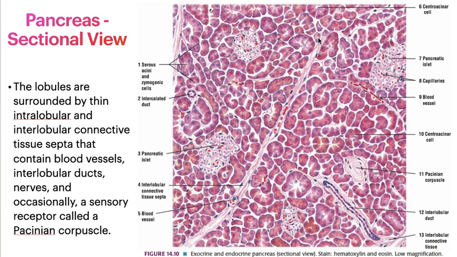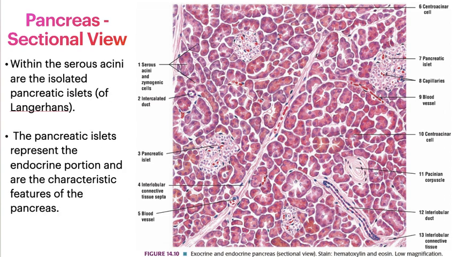The lobules are surrounded by a thin interlobular septum, a connective tissue septum that contains the blood vessels, the interlobular duct, the nerves, and a sensory receptor called the Pacinian corpuscle.